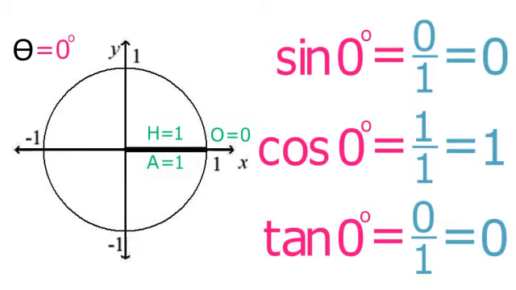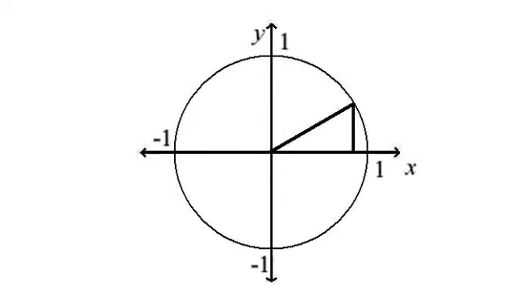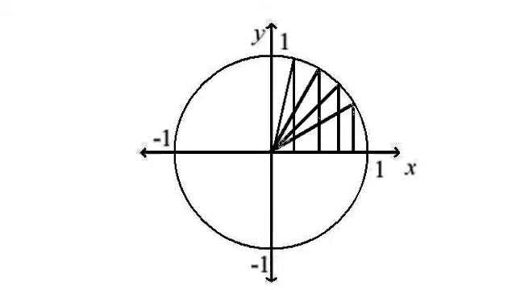In a similar way, we can create a meaningful abstraction for theta equals 90 degrees by imagining what happens to an embedded right triangle as theta approaches 90 degrees. In this case, the opposite side increases towards 1, while the adjacent side decreases to 0.